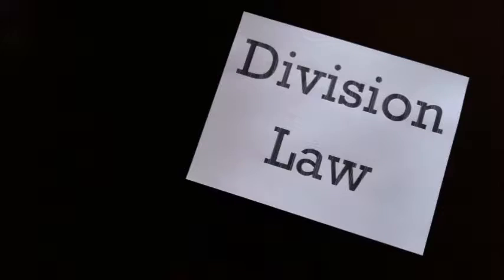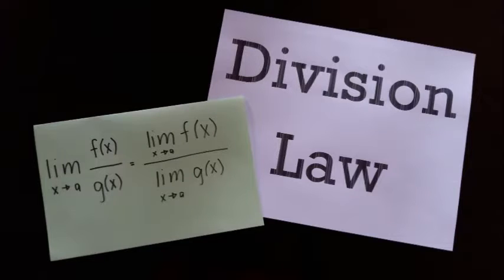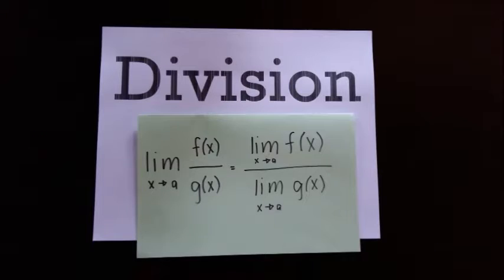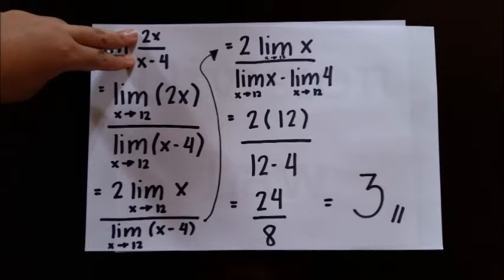The division law. It tells us we can find the limit of the numerator and the denominator separately, as long as we don't get 0 in the denominator. For example, the limit of 2x over x minus 4 as x approaches 12. First, we're going to use the division law wherein we're going to find the limits separately.